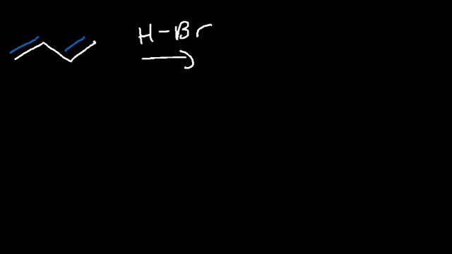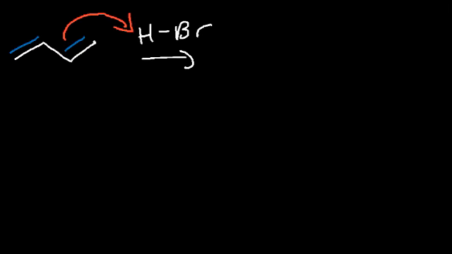So now what we're going to do is go through the mechanism for this reaction. Let's start with a symmetrical diene. We're going to react it with HBr. So the double bond, which is the nucleophile, is going to attack the hydrogen.